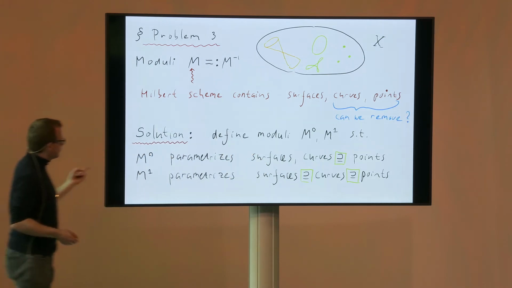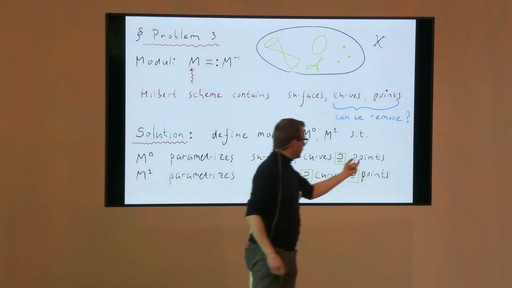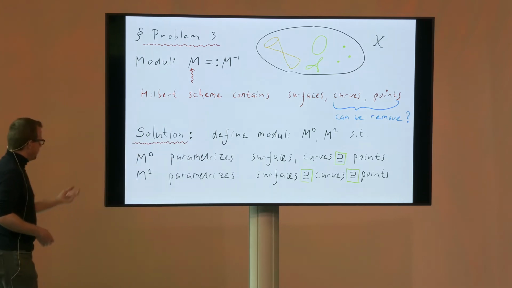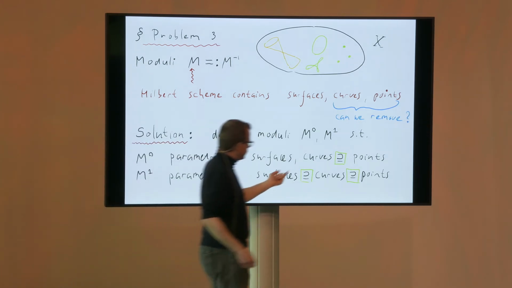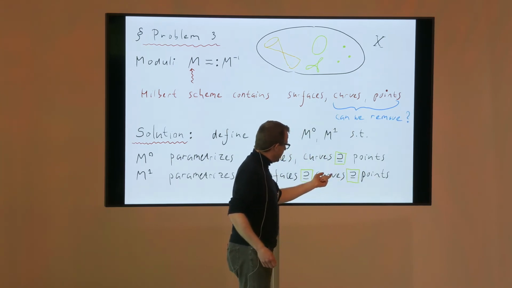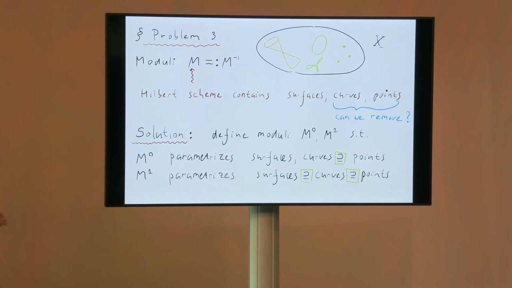M0 will also parameterize surfaces, curves, and points, but we force the points to lie on the curve. And in M1, we force the points to lie on the curves, and the curves to lie on the surfaces, so there are some nestings.